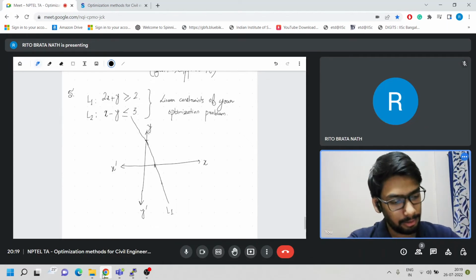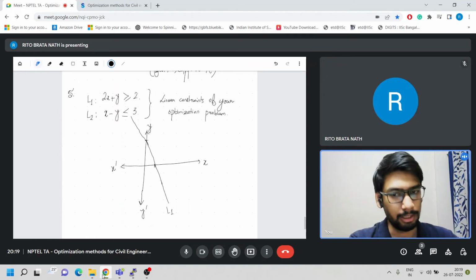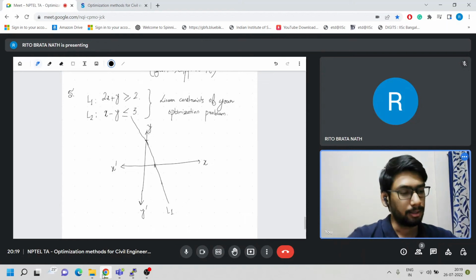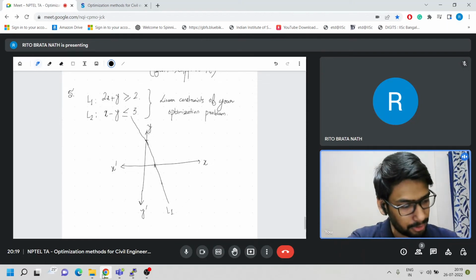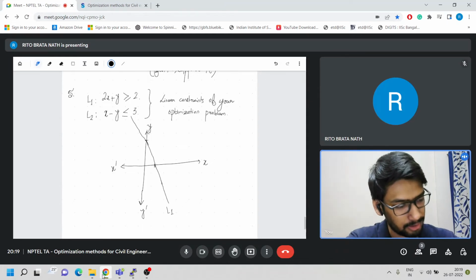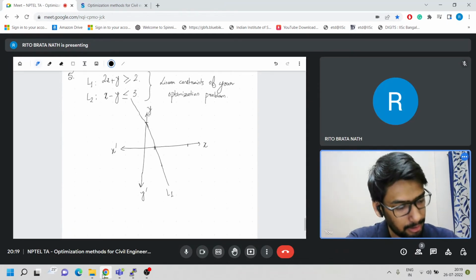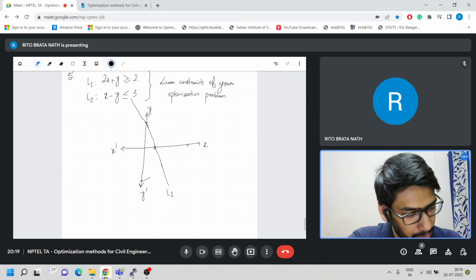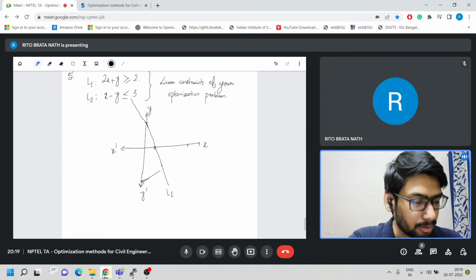And then you have another equation, which is x minus y less than or equal to 3. Then your x will be 3, somewhere here, and your y will be minus 3, somewhere here. Let me just draw the line first.